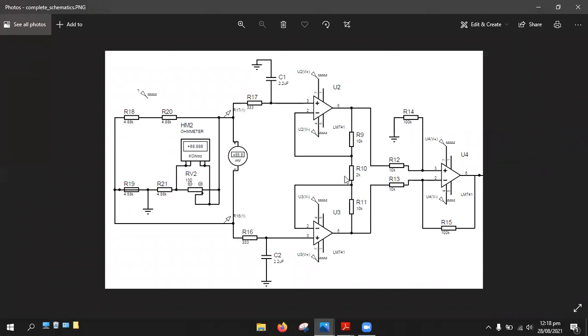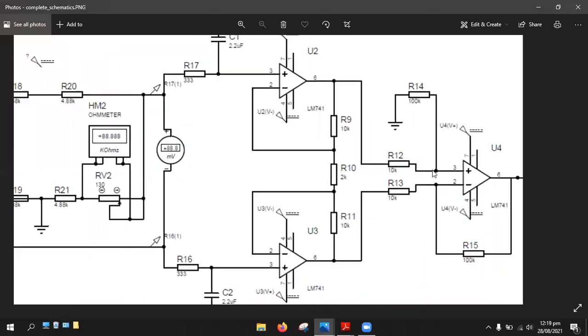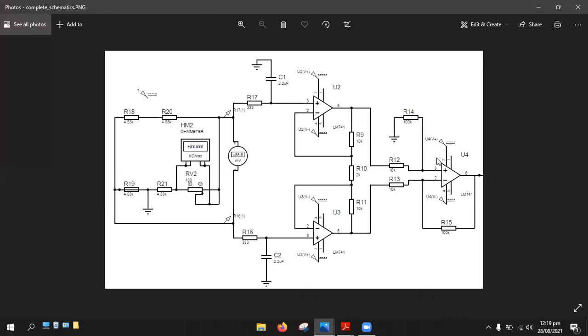Afterwards, we fed it into a differential amplifier to obtain the output that was to be fed into the Arduino, which is a microcontroller based on the Atmega 328 chip, for further signal processing, to apply signal processing techniques and to calibrate the designed instrument as well.